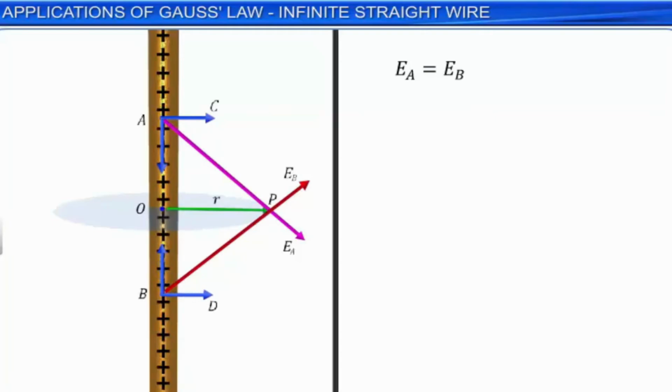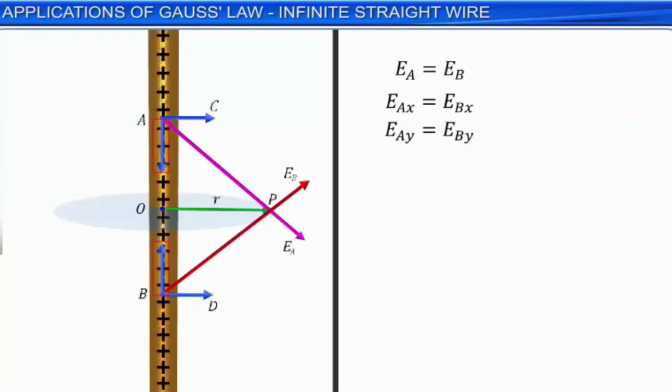As the magnitudes of EA and EB are equal and elements A and B are symmetric about O, the magnitudes of the horizontal components of the electric fields are also equal. Similarly, the magnitudes of the vertical components are also equal. We observe that the directions of the vertical components of EA and EB are opposite. Hence, they cancel each other.